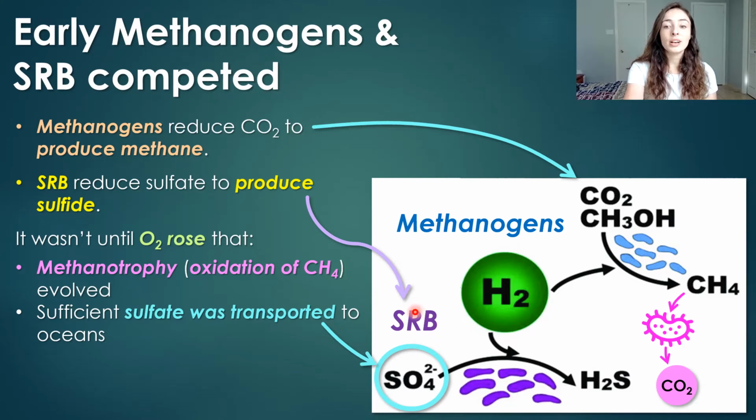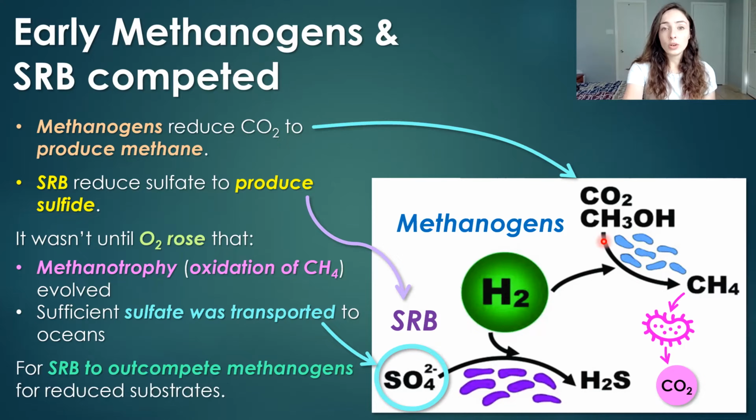And therefore, methanogens that had outcompeted SRB early on, when there wasn't too much sulfate transport to the oceans, started to become of lesser importance, and sulfate-reducing bacteria started to outcompete methanogens and become more important.